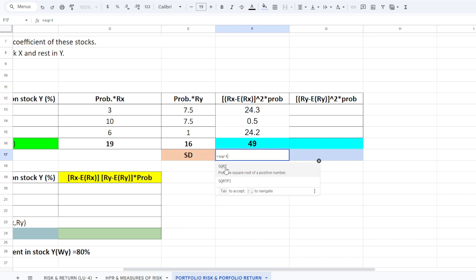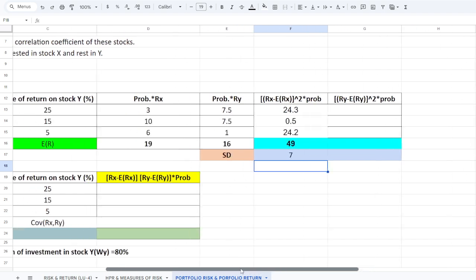The square root of 49 would be my standard deviation, because the measures of risk are variance of return, and the next one is standard deviation, the square root of variance. The third one is also the coefficient of variation. As per need, you can also find it.